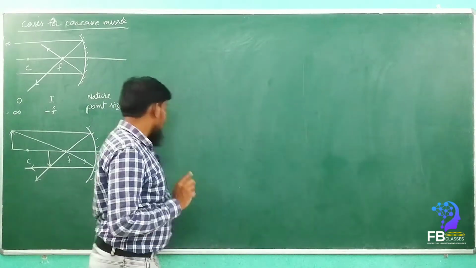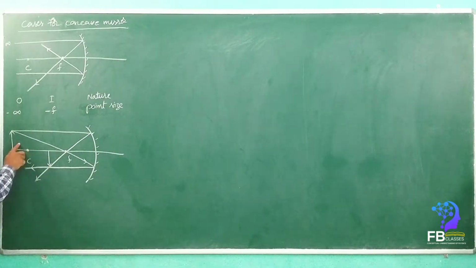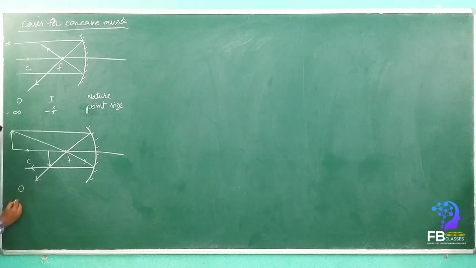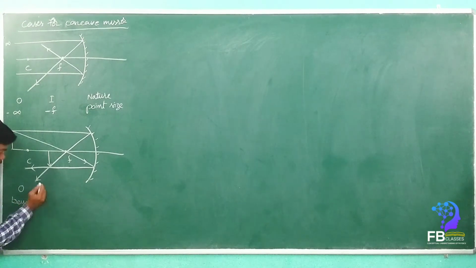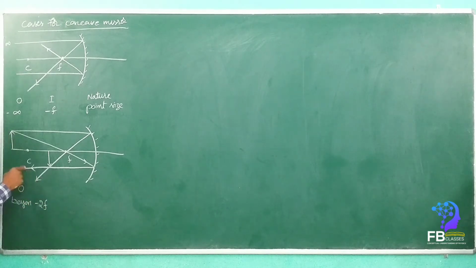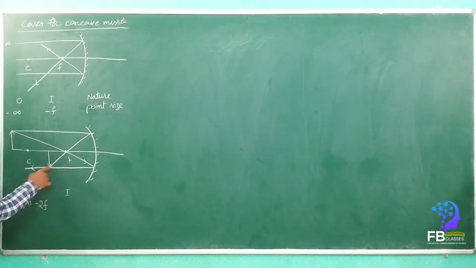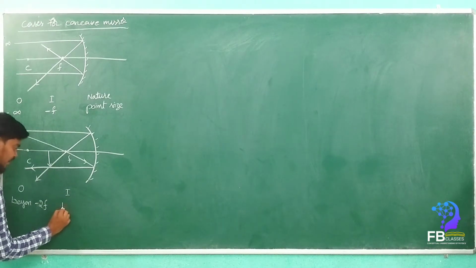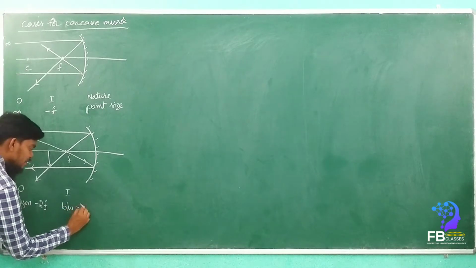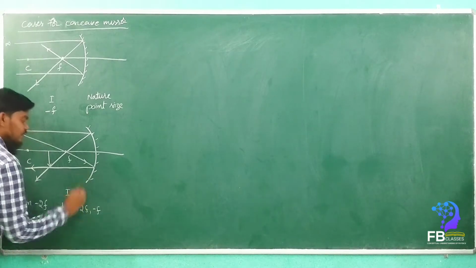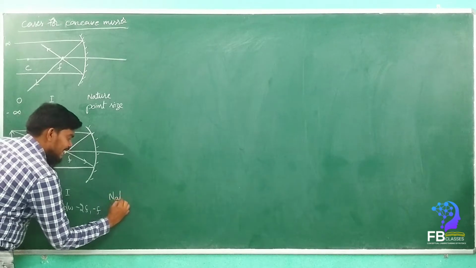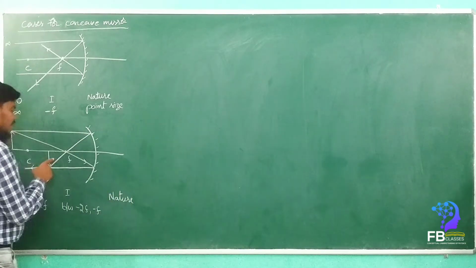Are you getting my point? Yes, sir. Now see here, where is the object placed? The object is placed beyond minus 2f. Yes or no? C means minus 2f. Beyond minus 2f, and where is the image formed, my dear? The image is formed between minus 2f and minus f. What is the nature of the image?